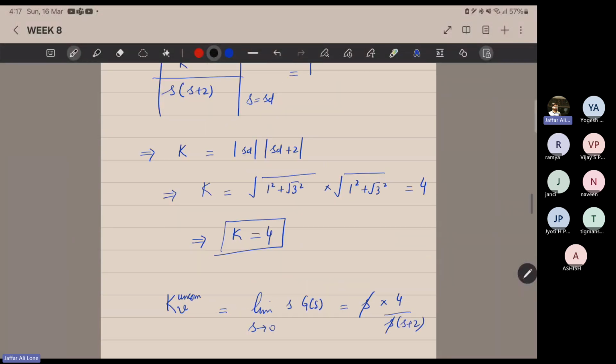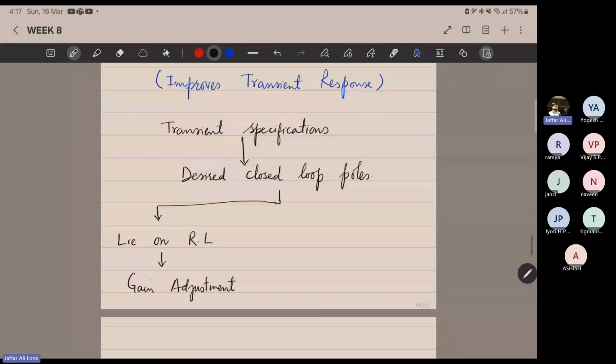But what if my desired pole does not lie on the root locus? In that case, we have to reshape the root locus. We have to shift it, right? So one way was, if my desired closed loop pole lies on the root locus, then you don't have to do anything, just gain adjustment, we are done.